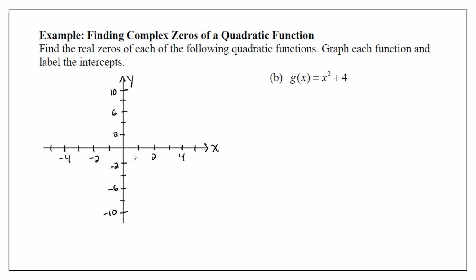g of x equals x squared plus 4. So I'm going to set g of x equal to 0. That's going to allow me to find my zeros for this function. So that means x squared plus 4 equals 0. I'm now going to solve for x. So x squared equals negative 4. Okay. I'll take the square root of both sides, so plus or minus the square root of negative 4.